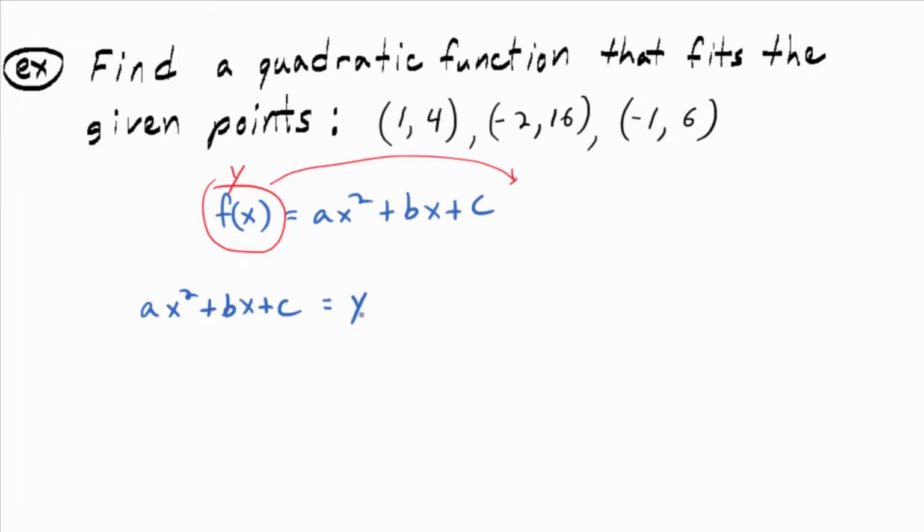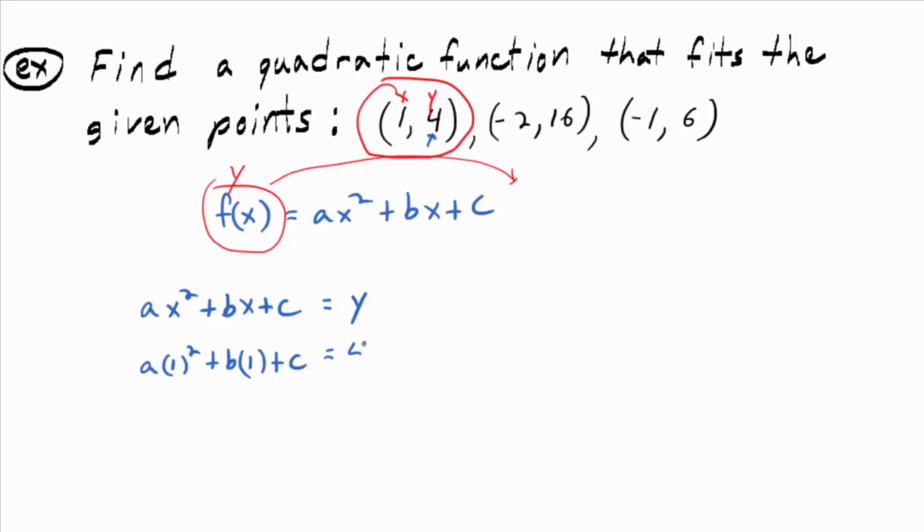And in order to solve it, you have to remember what it means to say (1, 4) is on the parabola. When you say (1, 4) is on the parabola, that means if you plugged its x-coordinate and its y-coordinate into the parabola's equation, into the quadratic function, you'd get a true statement. And that's the key to solving this problem. Because that means if you plug in 1 for x, you'd get a times 1 squared plus b times 1 plus c.